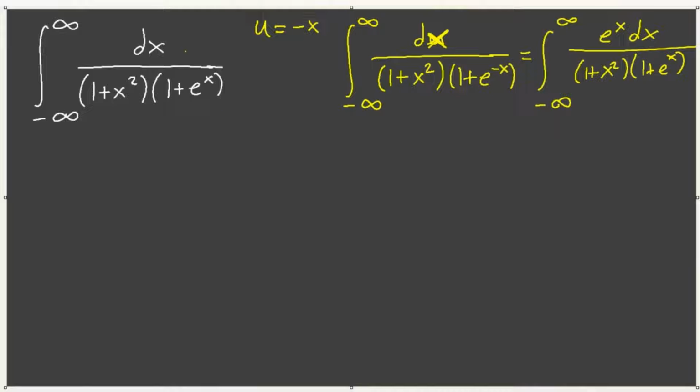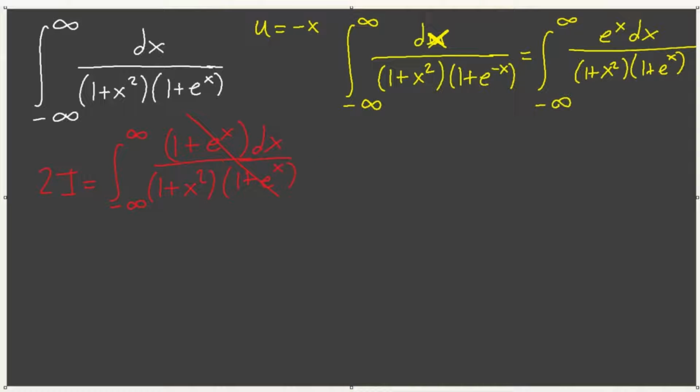Now you're probably noticing that if we add these two integrals together, from -infinity to infinity, we get 1 plus e to the x, dx, and of course the denominator is still the same, and this cancels out.